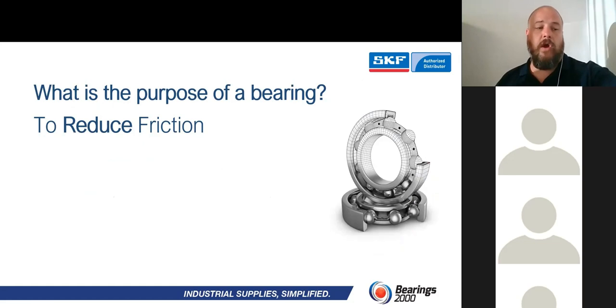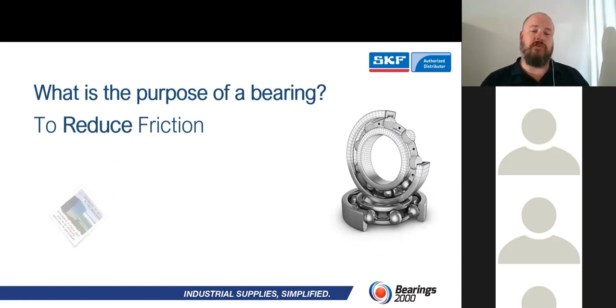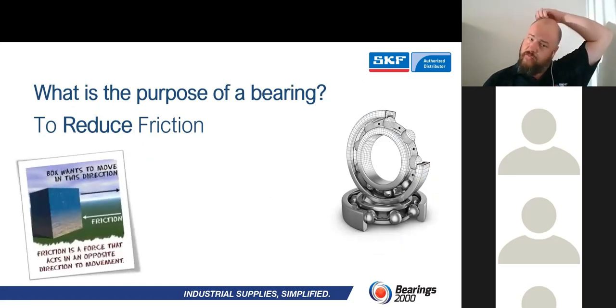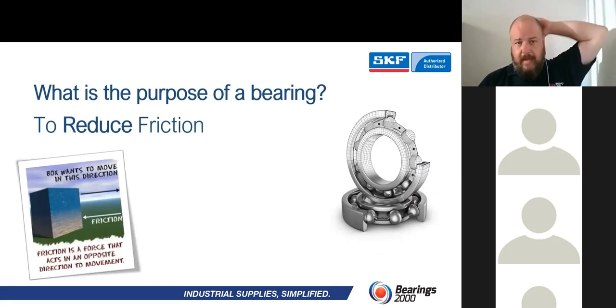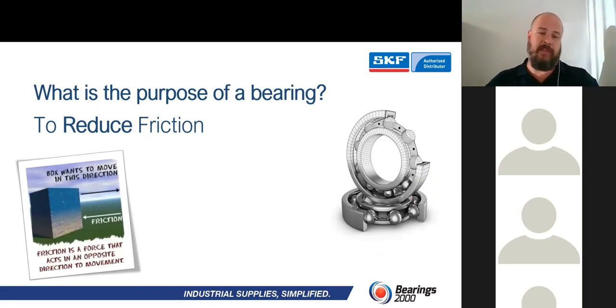So when we look at what friction is, of course, friction is two objects moving relative to each other. So if we have a look at that box over there, that box wants to move that way or that way, and the friction is that way over there.